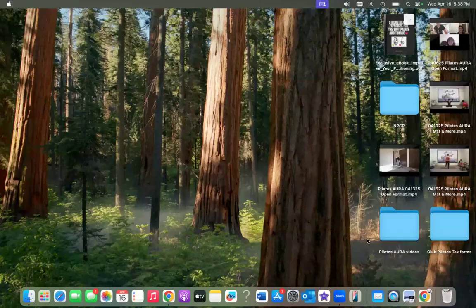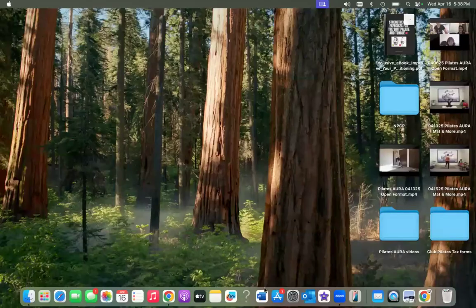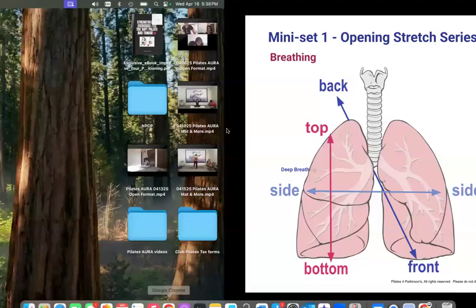Oopsie, I think I just lost my screen. Give me 1 second to get back to it. Wait, now I completely lost everybody. Hold on. Let me share this. We're still here. Okay, I just lost my screen.